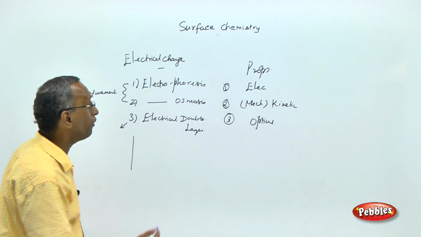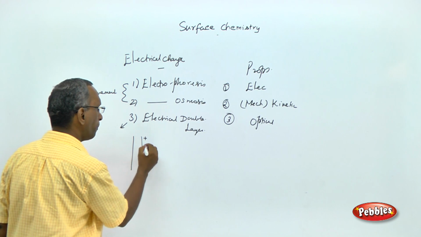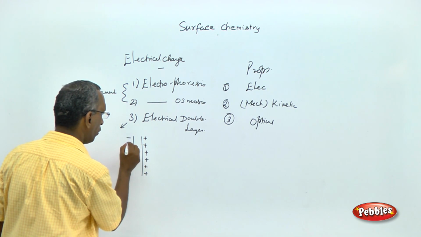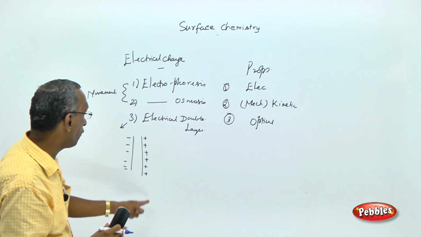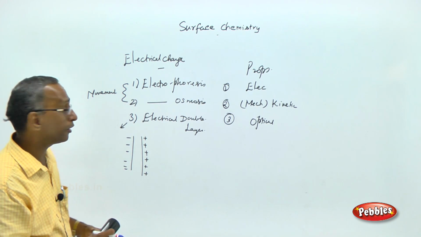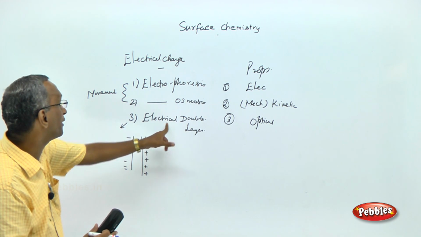For example, if you have a colloid, we have seen that colloids have positive charges as well as negative charges. All the positive charges will form a layer and all the negative charges will form a layer. So there are two layers, formed due to the electrical charge.